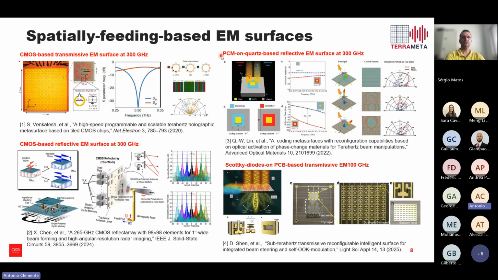Or you can also use phase change material to control the phase on each unit cell. This work is also a demonstration of a CMOS reflect array. And more recently, there are also people working on Schottky diodes.